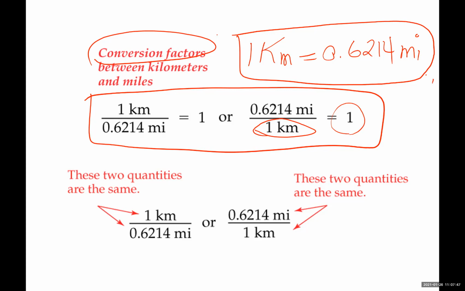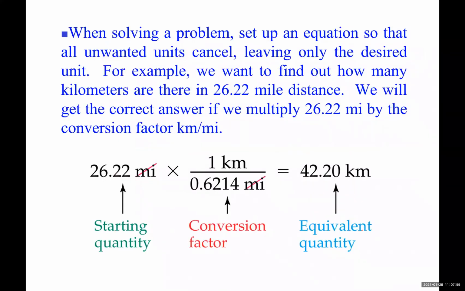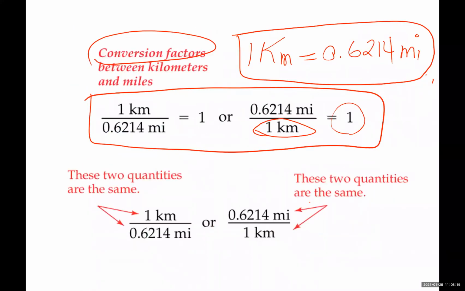Why do I call these conversion factors? Well, let's look at the next page. Suppose you want to convert 26.22 miles to kilometers. If I use one of the conversion factors from the previous slide, which is equal to 1, can I use this one, which says 1 kilometer is identical to 0.6214 miles?